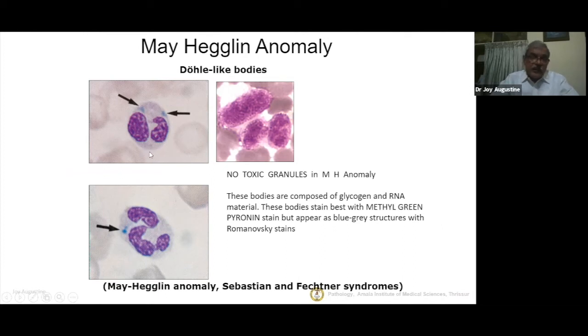So that is the point. And also you find macrothrombocytopenia, large platelets also. And the Döhle-like bodies can be stained with methyl green pyronin. I forgot to mention that earlier. We generally don't do it, but they are pyroninophilic, because they contain lots of RNA.